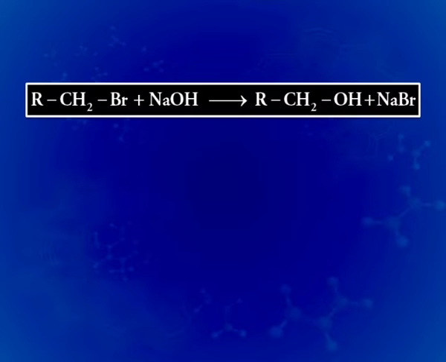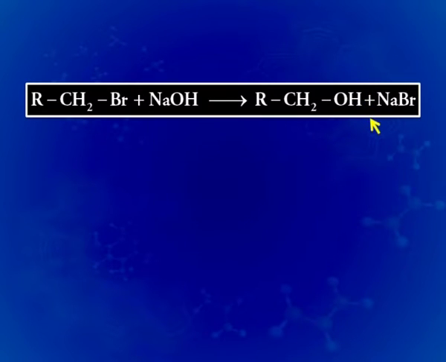So, what is happening? We can appreciate that bromine from the alkyl halide is getting replaced by the hydroxy of sodium hydroxide and giving us alcohol, and of course sodium bromide is getting eliminated. What exactly is happening here? We can see that there is this CH2Br bond which is breaking. As a result, this bromine is getting eliminated and getting attached to the sodium of sodium hydroxide.